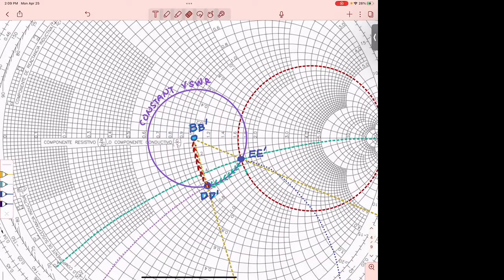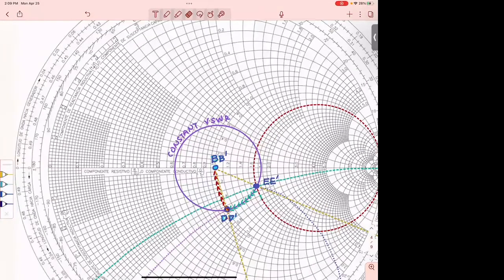So I will move along this purple line, in one particular direction: towards the generator. Because if I am at the end of the line and I move, there is only one direction to go, and that is towards the generator. So then I go from E prime to DD prime.